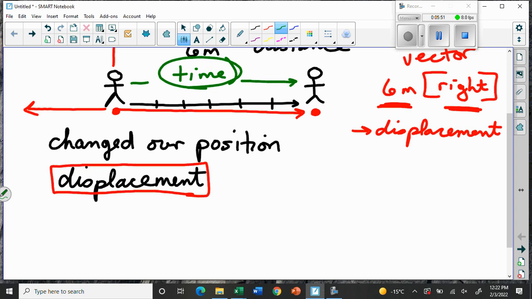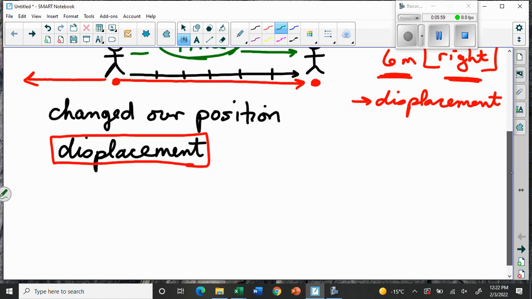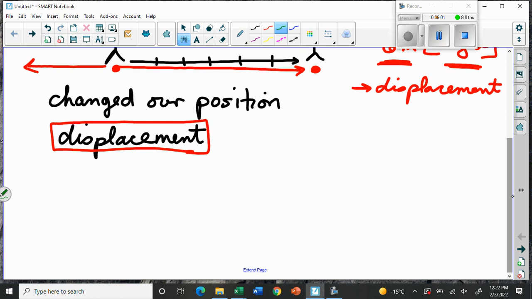So there's really two things changing. There's your position and there's time. And then, of course, if we compare those two things and how they change, let's compare. Now remember, mathematics is a language. And the way we say something compared to something else in mathematics is by using a fraction. A compared to B. That's what that actually means in English.